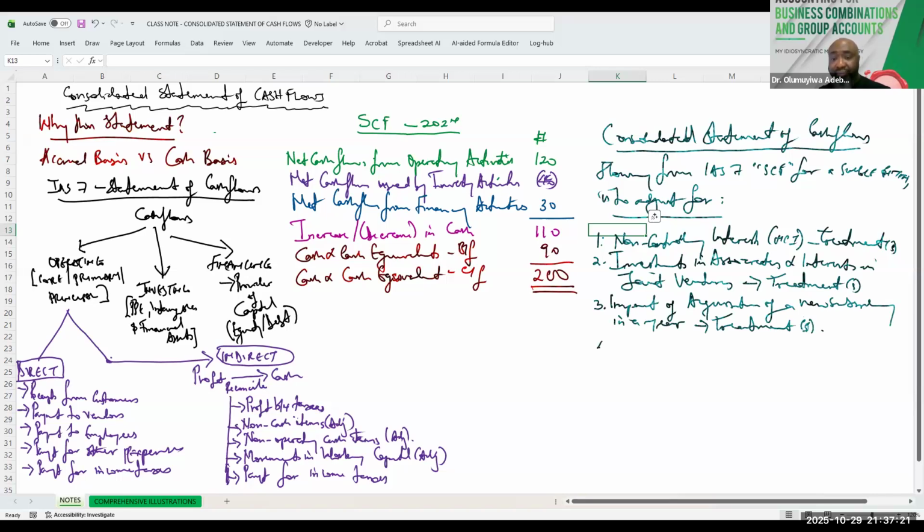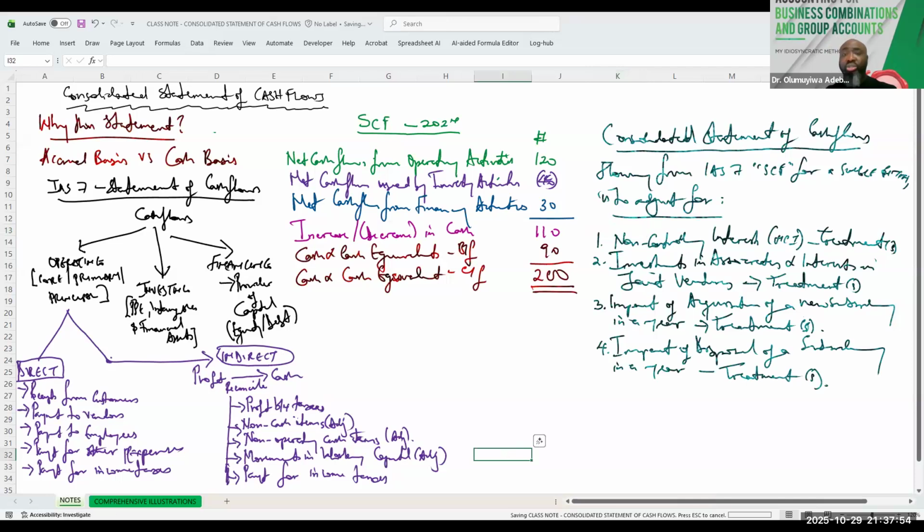And finally, how do we treat the impacts of disposal of a subsidiary in a year? What form of treatment are we going to give to it? These are the things that are on the table for us to do or play with.